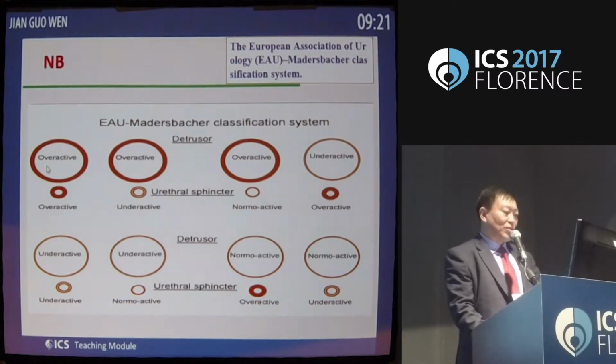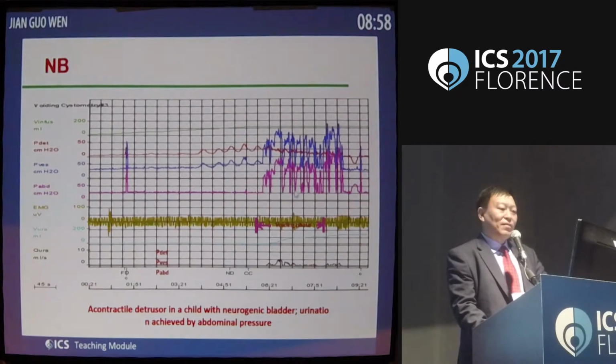For the detrusor, you may find overactive, underactive, or normal detrusor function. Sometimes you may find urethral function instability, overactivity, underactivity, or normal. So we define different types of bladder and urethral function.